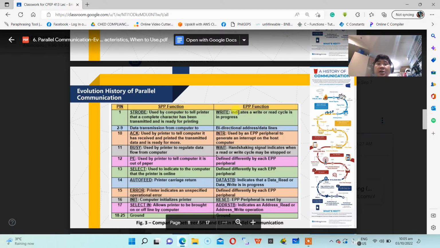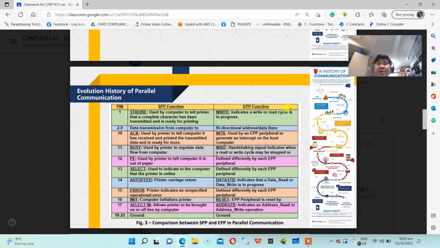While on the EPP, it indicates the write and read cycles in progress. So data transmission from computer to printer is one-directional only. While on the enhanced EPP, it's bidirectional, meaning from printer to device, it can give feedback on status or anything exchanged.